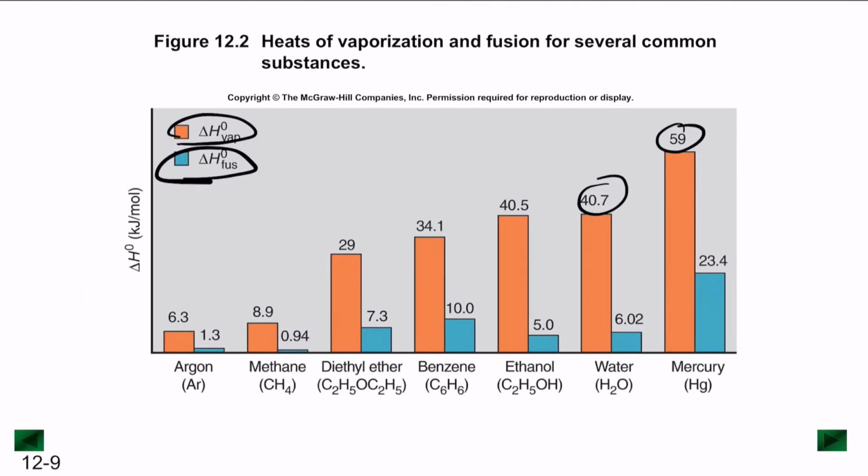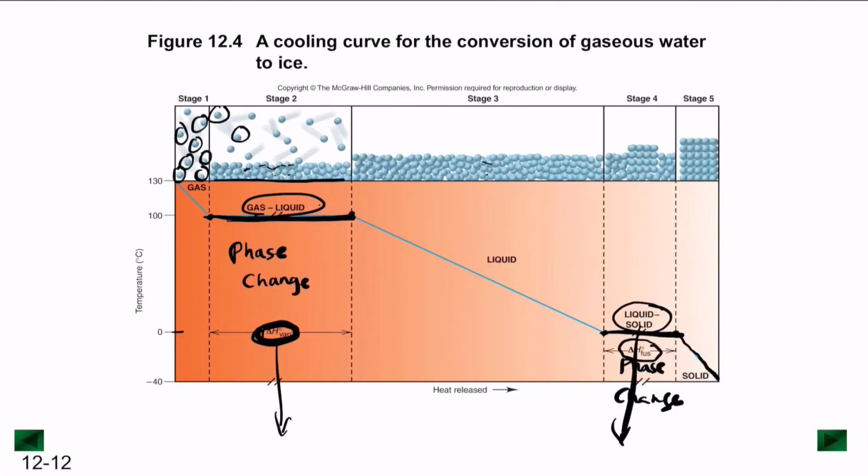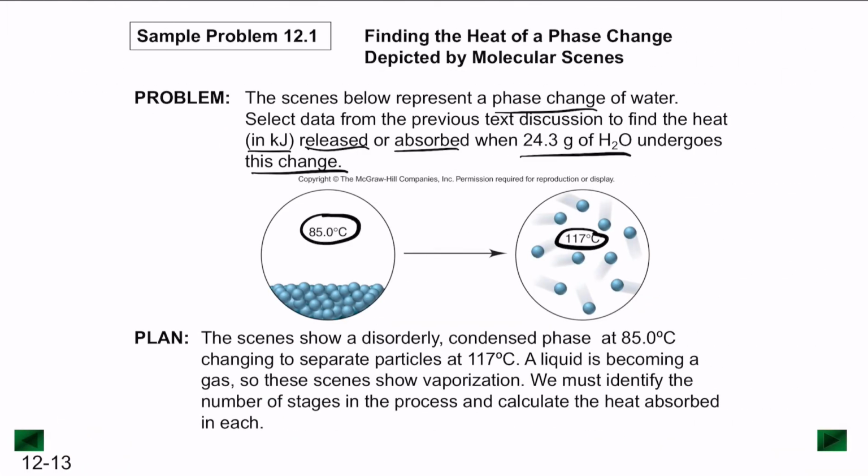First thing we need to know is the enthalpy of vaporization and enthalpy of fusion. For water, the value for vaporization is 40.7 kilojoule per mole and fusion is 6.02 kilojoule per mole. So let us write down the data that is given here.